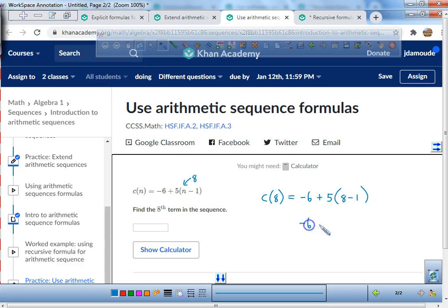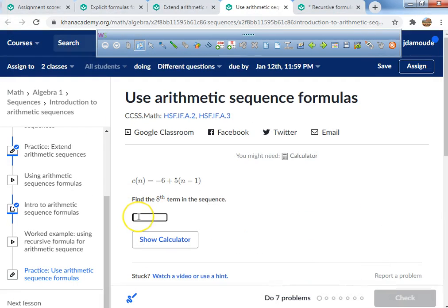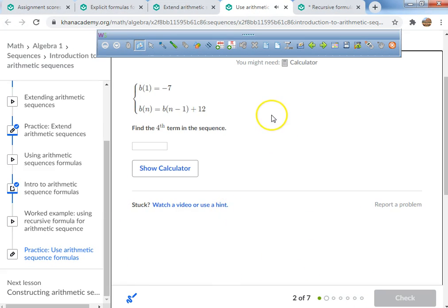So we get negative 6 plus 5 times 7. Well, what's 5 times 7? That's 35. So basically, it's negative 6 plus 35, which gets us to 29, if I did all the math correctly. So I'm going to put a 29 right there. And if not, we'll find out.